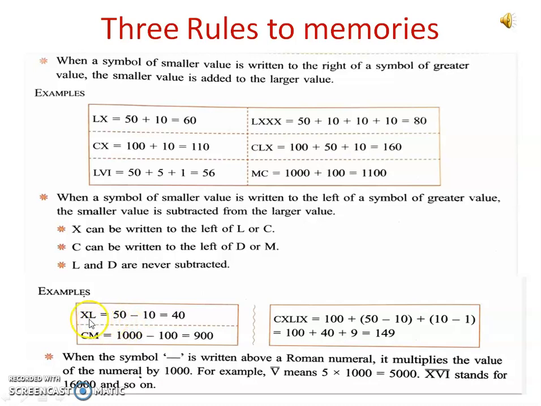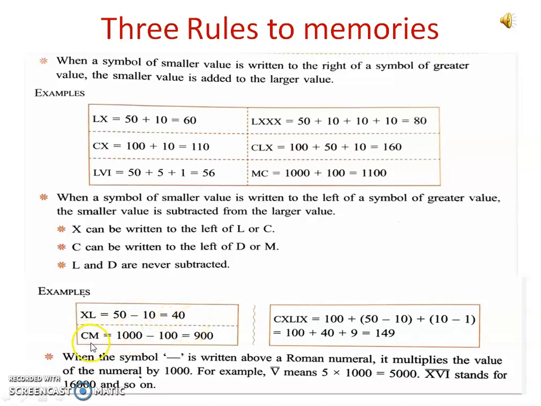So the greater value is written on the right side and the smaller value is written on the left of the greater value. So here if we apply the rule, we have to subtract this smaller value from the greater value. So we have 50 minus 10 and we will get 40.